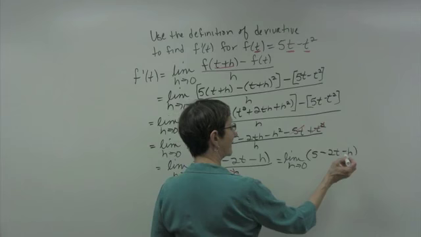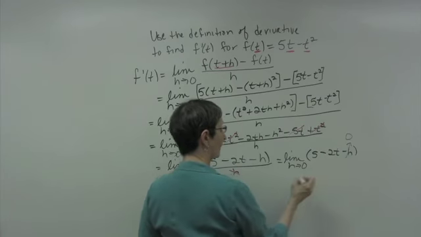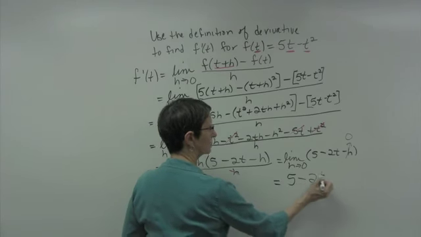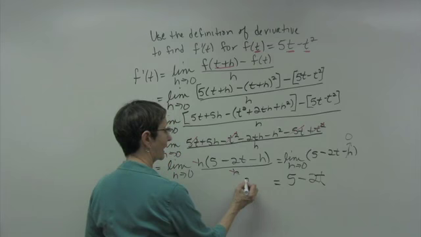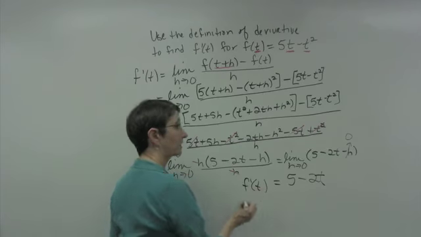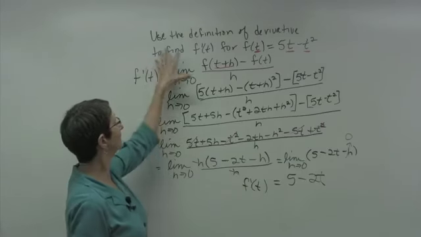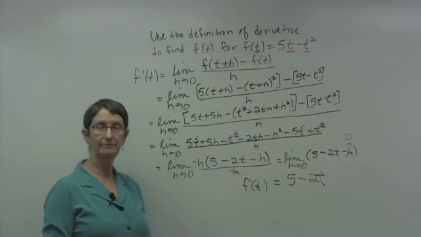So if I let this h become 0, I am left with 5 minus 2t, and that would be the derivative. That is f prime of t. So there's a formula for the derivative using this limit definition.